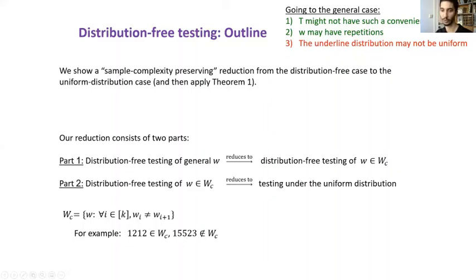In the second part of our reduction, we reduce distribution-free testing of words in W_C to testing under the uniform distribution, which we have already handled in Theorem 1. Let's sum up what we have done so far. We have analyzed the simple example.